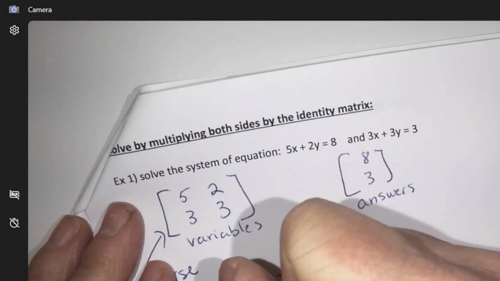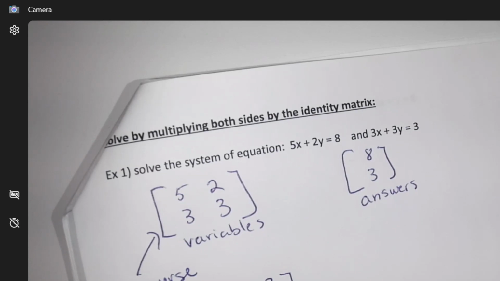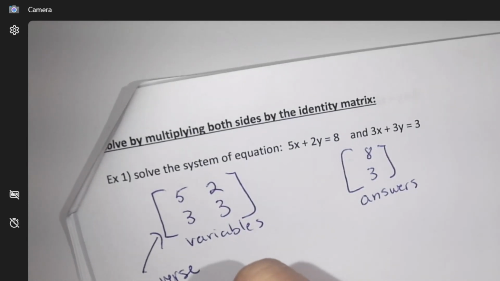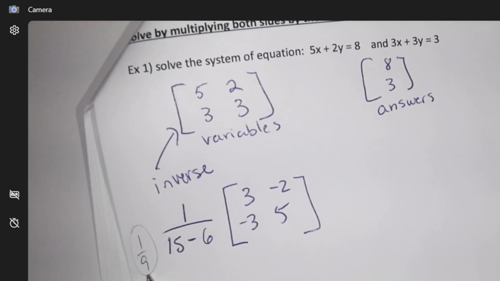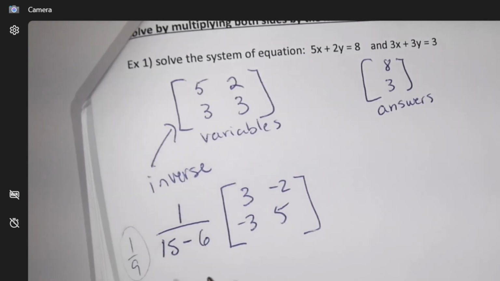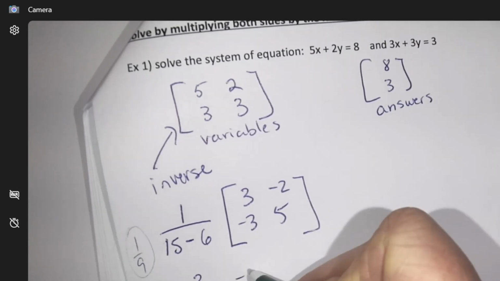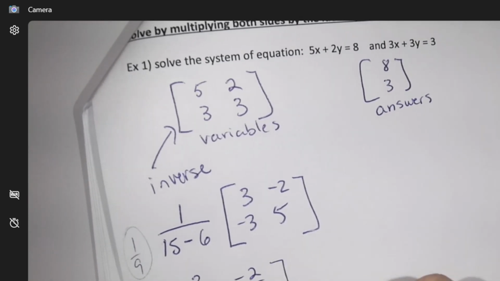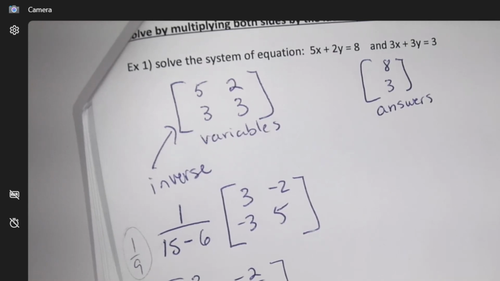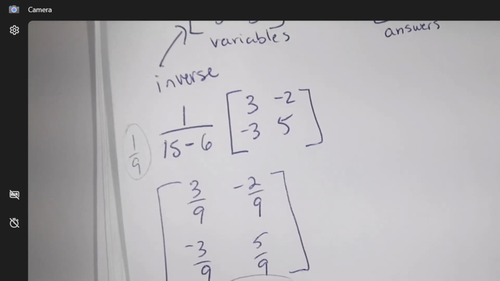Switch those, negate those. Okay, so my coefficient in the front is going to be 1/9. So I'm going to times everything by 1/9. So 3/9, negative 2/9, negative 3/9, and 5/9. I know some of them can reduce, but I'm just going to leave it so that everything's with a 9. Okay, that is my inverse.